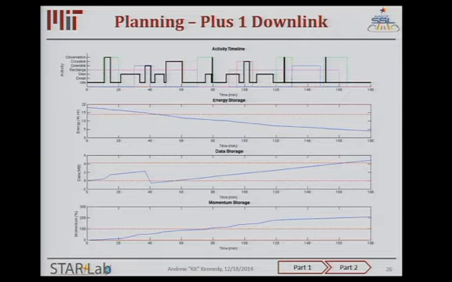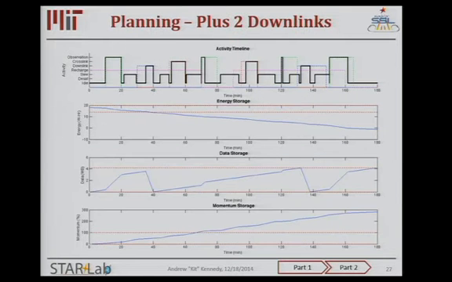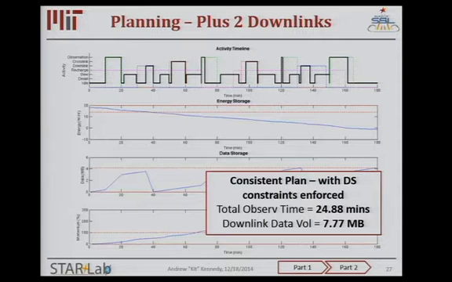The only problem is that even with totally minimizing the observation times, like not really doing an observation, the data storage limitations cannot be met. So let's try introducing a second downlink activity. And now all of a sudden data storage constraints can be met, and we have a consistent plan. So we've solved the mixed integer linear program consistently.